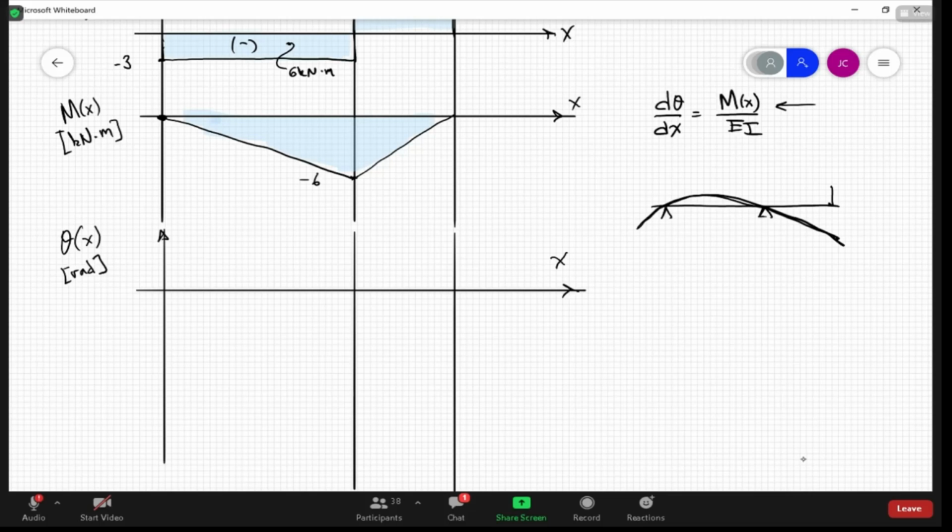If that's the elastic curve, if this is v of x, the slope is going to start off as a positive value. It's going to go to 0.